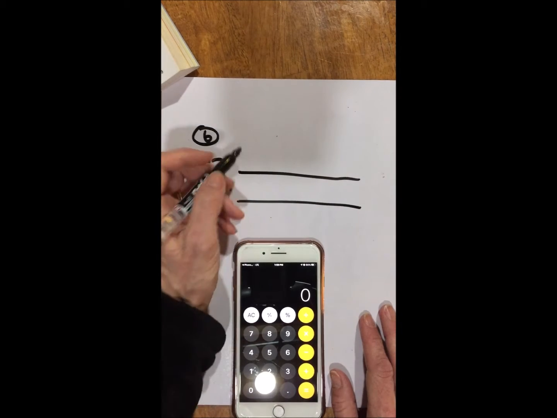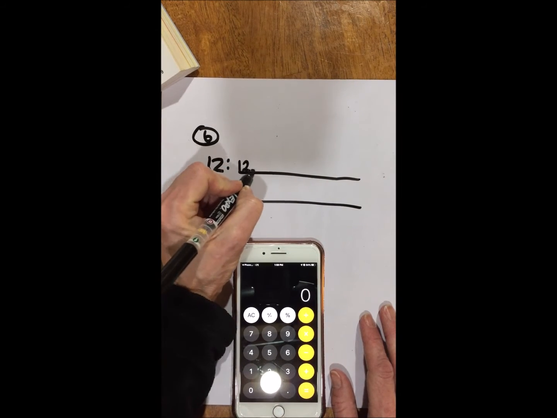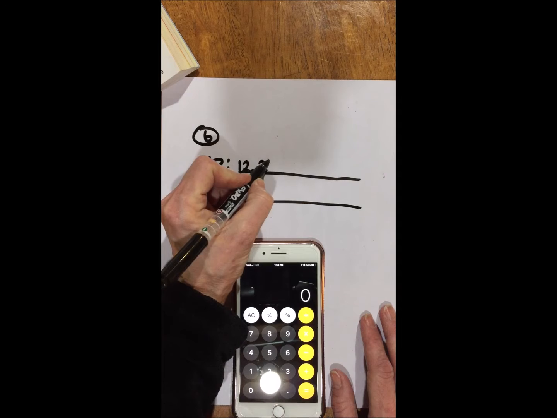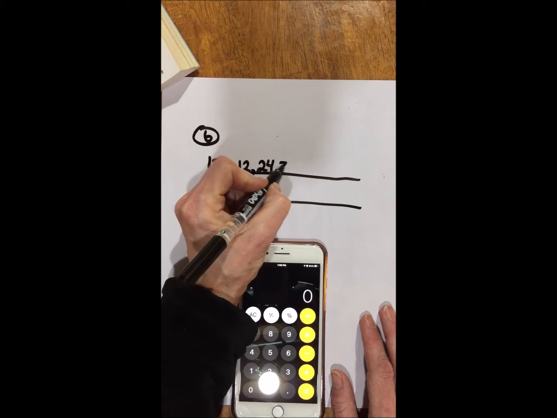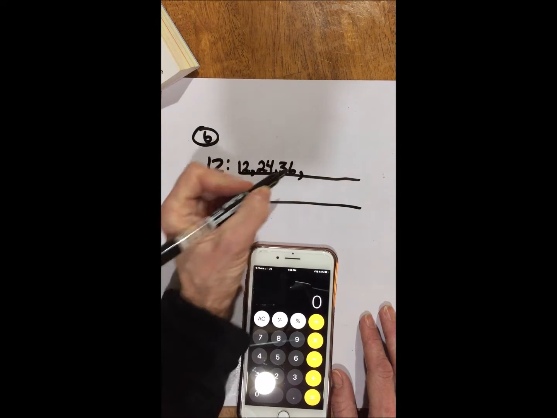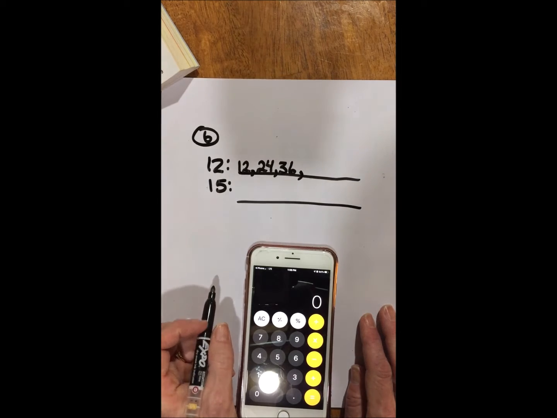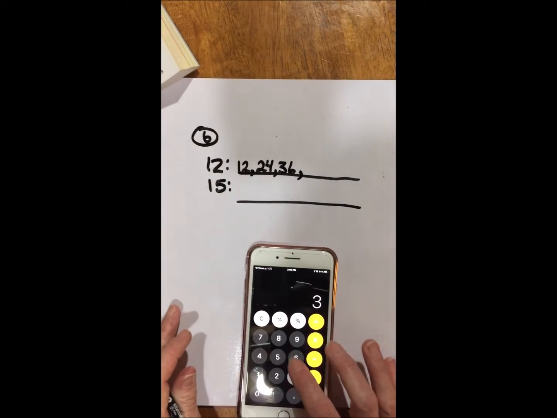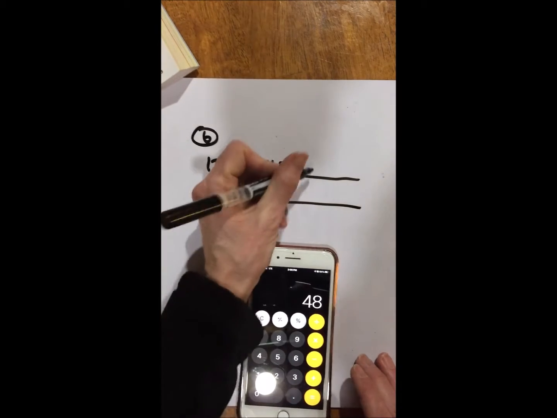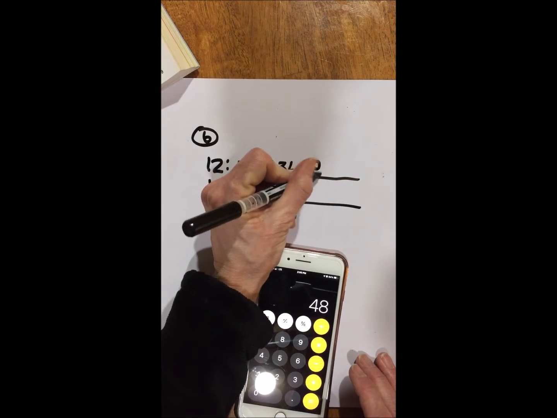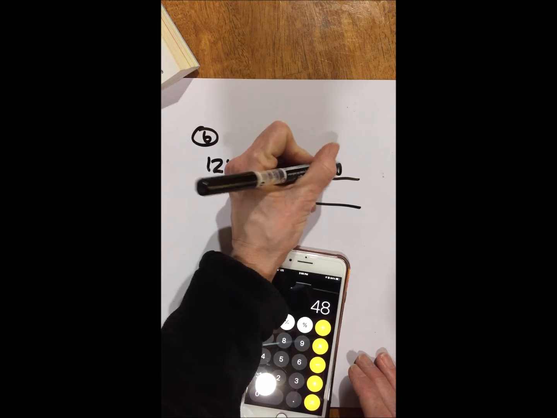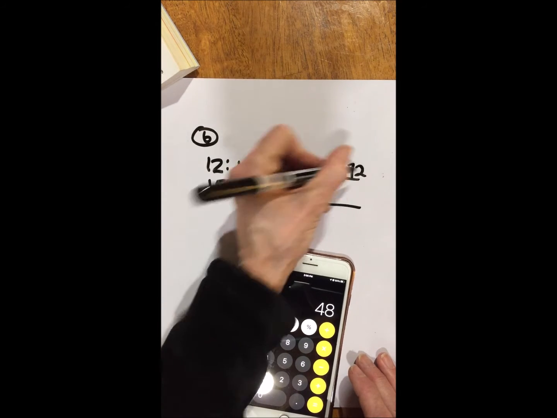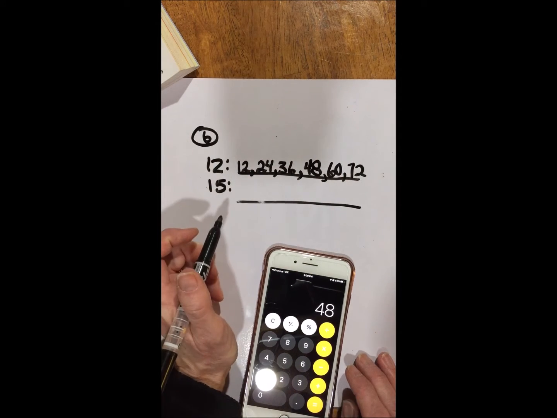Okay, so we've got 12. I should know these, but I never worked on them that hard in life. 24, 36, 48, sorry, 60 would be next. 72.